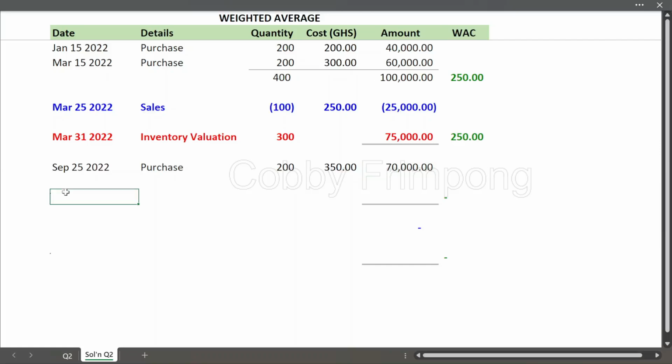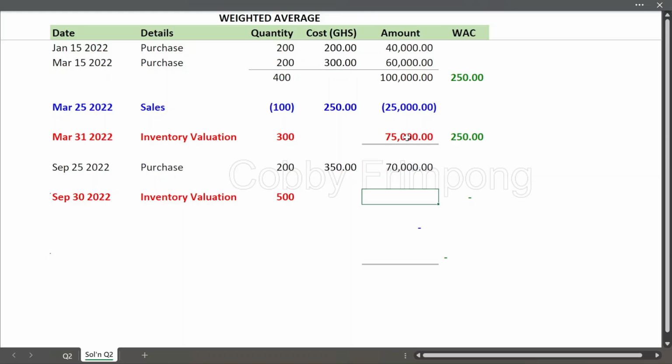We will do an inventory valuation at the end of the third quarter on September 30th, 2022. From the last inventory valuation on 31st March, we had available 300 units, and we've added 200 units to that on September 25th, giving us an inventory quantity of 500.